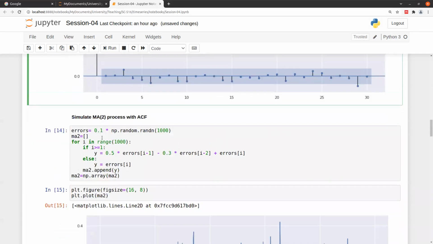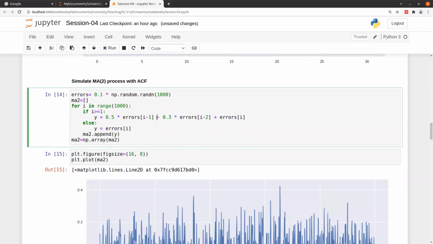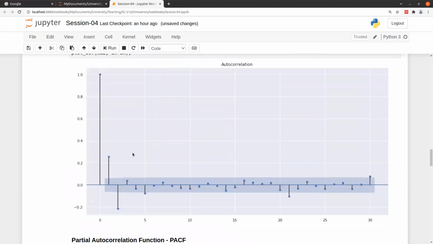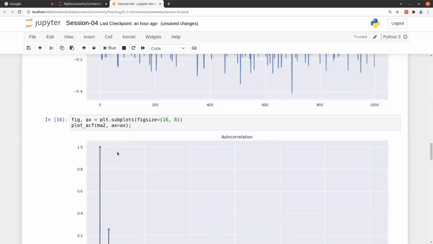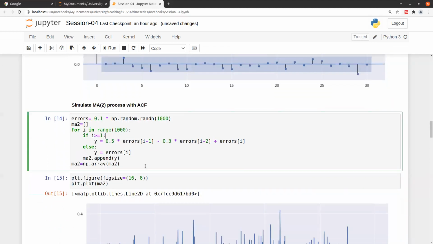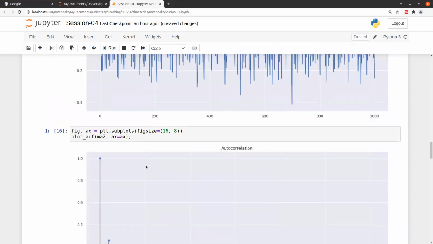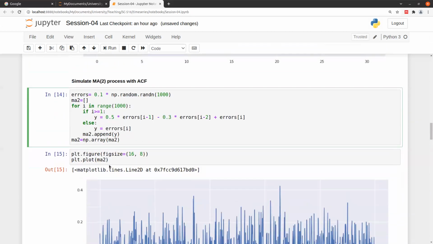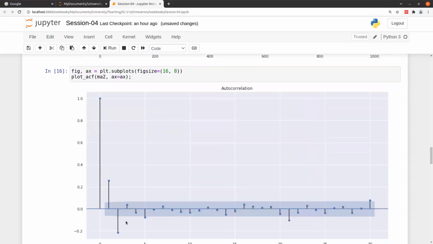Then I altered this. The very first time we had an MA1 process, and in there we didn't have this phase. Then what happened, it identified only lag 1, because we simulated a lag 1 process, an MA1 process, moving average 1 process. Then the ACF graph completely identified it. Then with the MA2 process, the ACF function identified there are 2 lags.